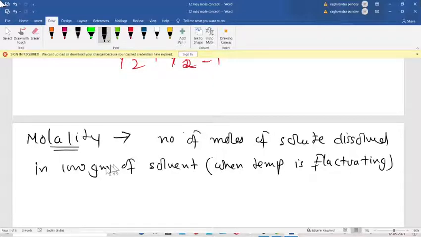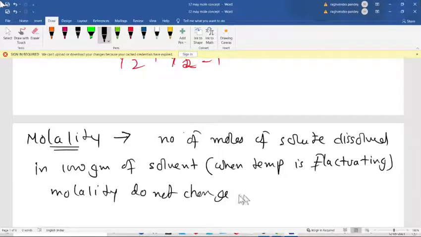If the volume changes slightly, there is a huge change in the molarity. We don't want that, so we use molality. One thing you should write: molality does not change with change in temperature.